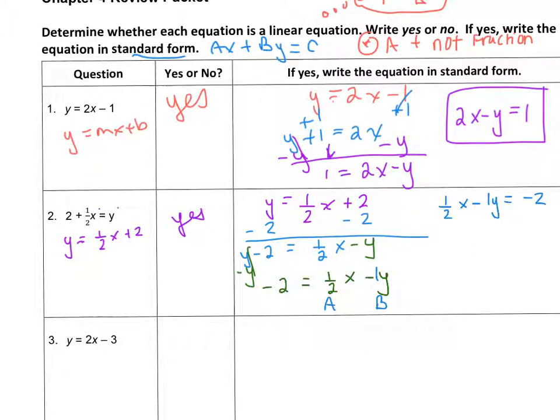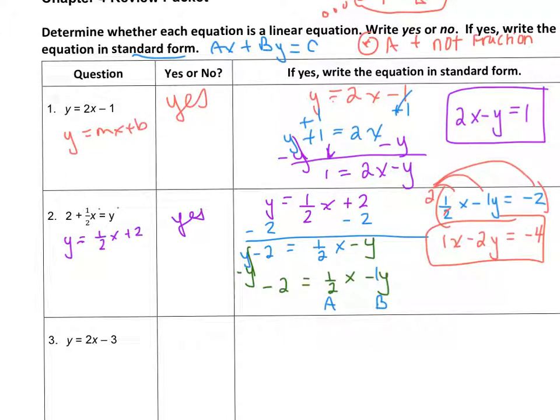And I realize that I'm not allowed to have a fraction as a. So to get rid of that, I'm going to multiply by 2 because that's going to get rid of that denominator. But whatever you do to one, you have to do to all of the equation. So you would get 1x minus 2y is equal to negative 4. And that is in standard form.